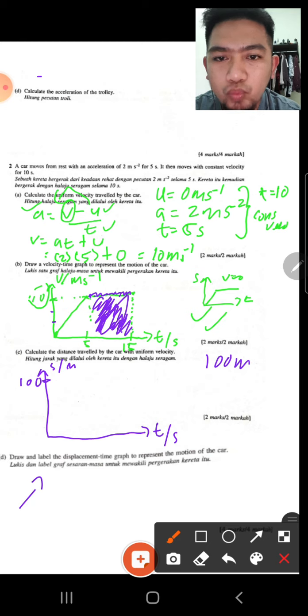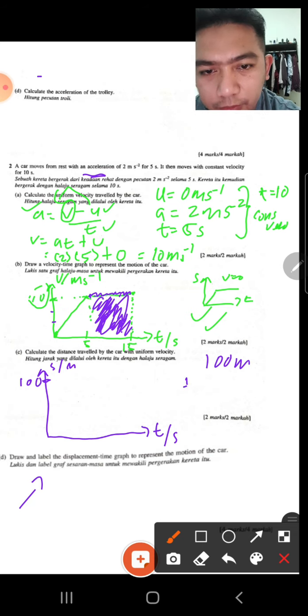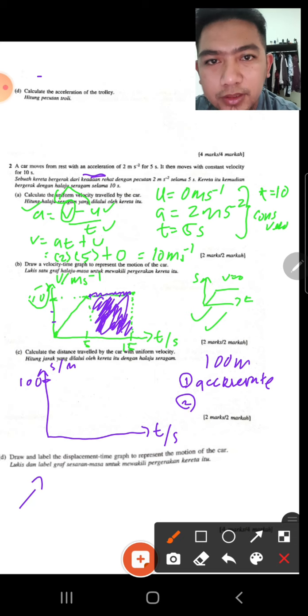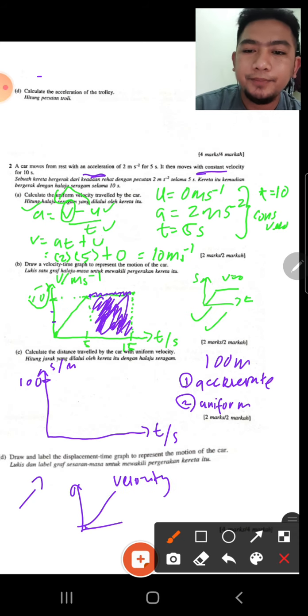For the first situation, it is acceleration earlier. So we draw the first situation, it accelerates, and then the second situation is constant velocity or uniform. So remember, in a displacement time graph, the gradient refers to velocity.